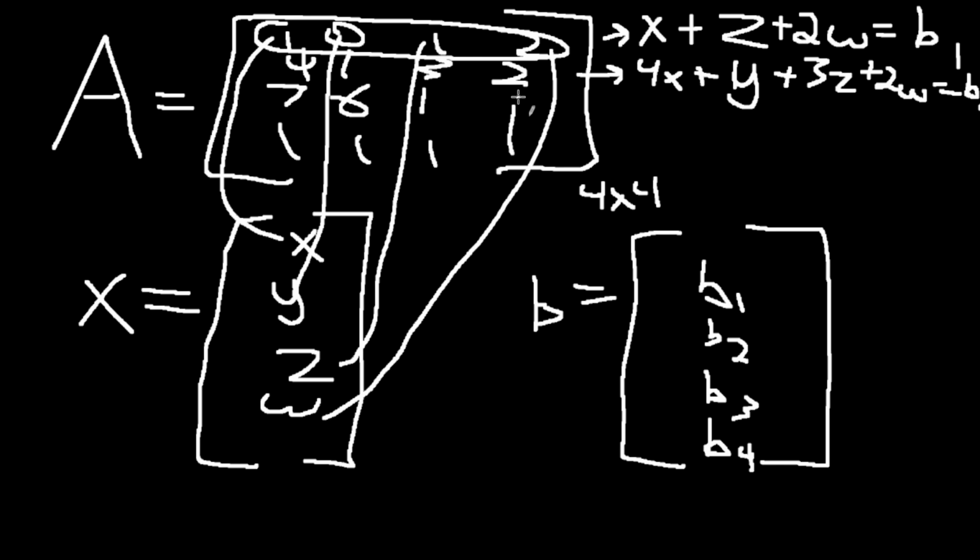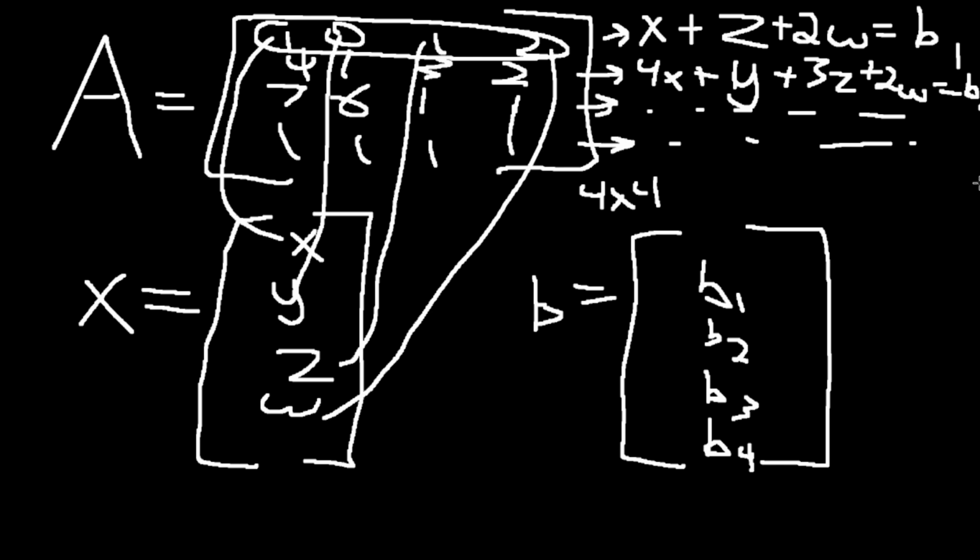You could do that with the next row and this next row. The very last row is all 1s, so it would be x plus y plus z plus w equals b4. And the one before it would be 7x plus 6y plus z plus w equals b3. So dot dot dot, that's kind of how you set them up.